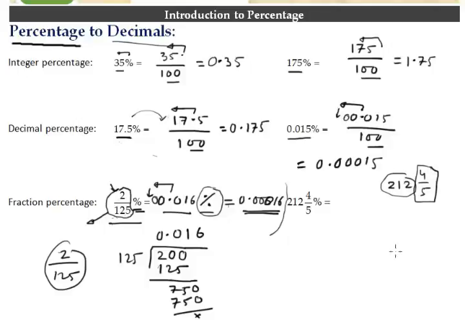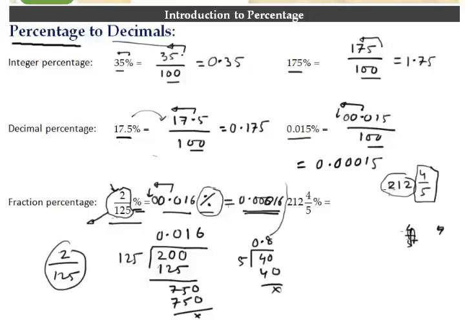So 4 divided by 5, we will divide the 4 by 5. 4 is small, so it will be 0.8.